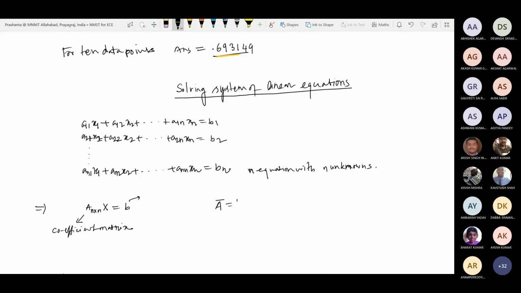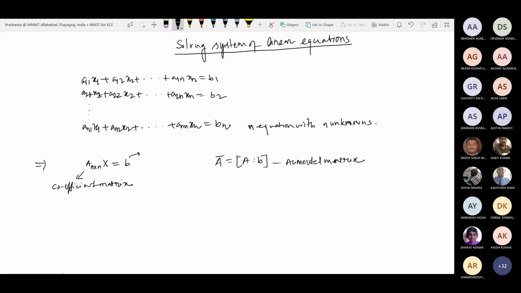If you consider the matrix A and also add the right hand side column vector as a column, this is called the augmented matrix. Now you know if rank of A equals rank of A bar equals n, the number of unknowns, then the system has a unique solution.